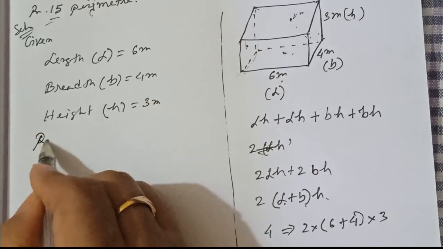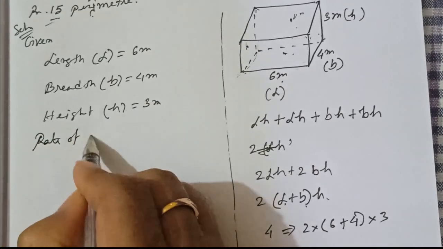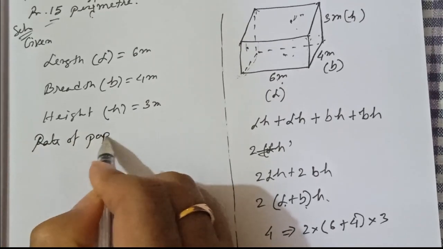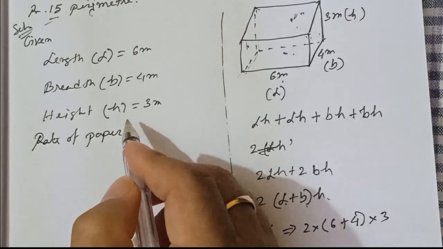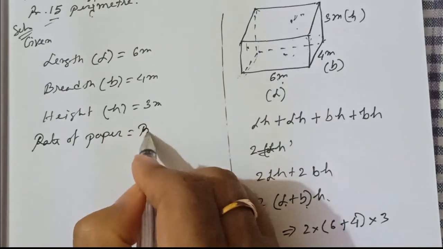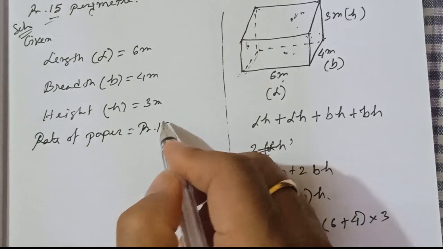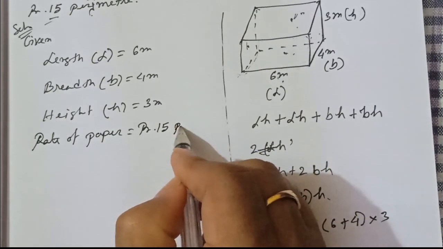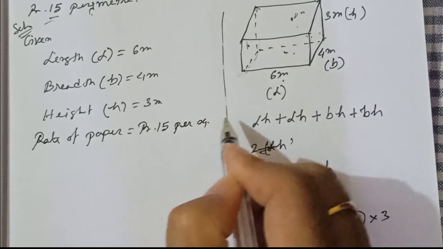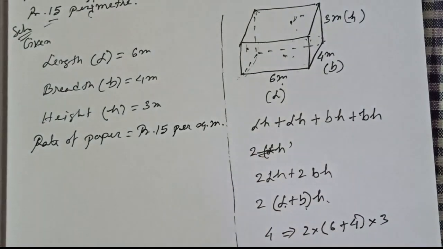And rate of paper is rupees 15 per square meter.